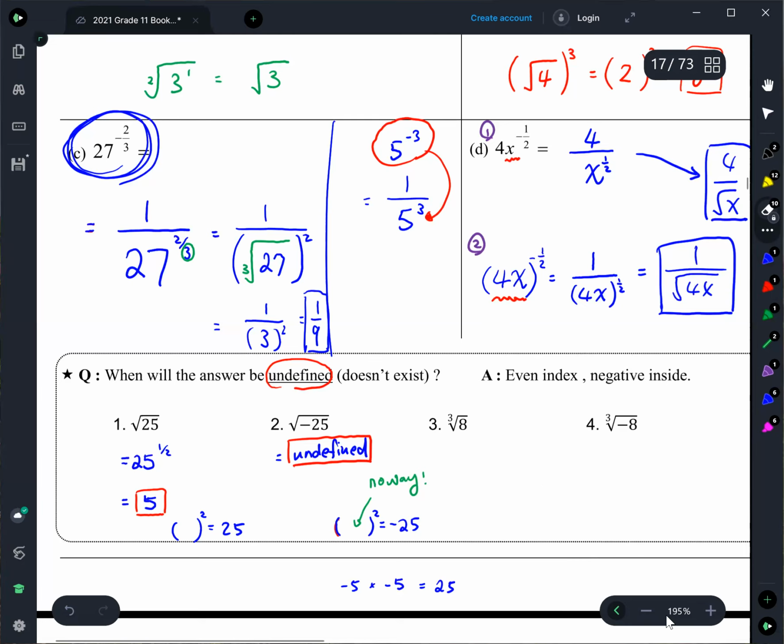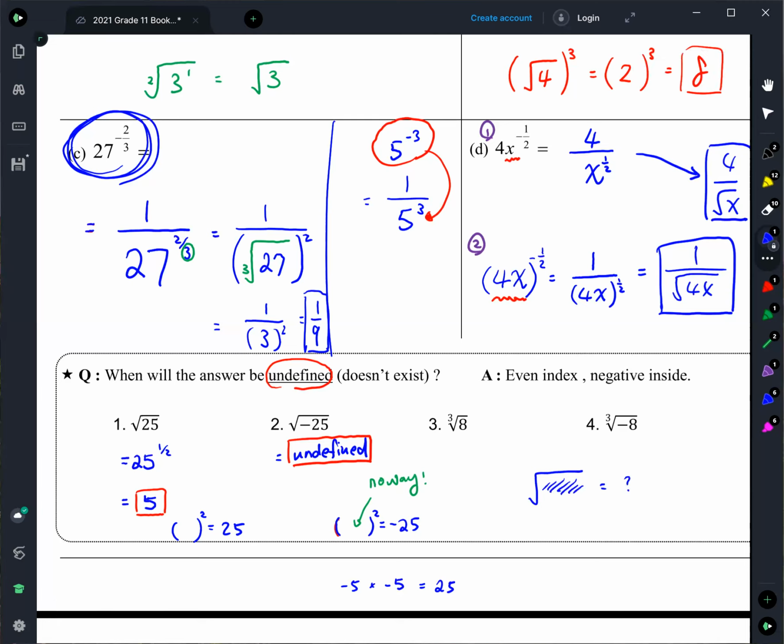When you put a square root on whatever is inside, what you're trying to do is find what number, the question mark, squared can give you the thing inside.